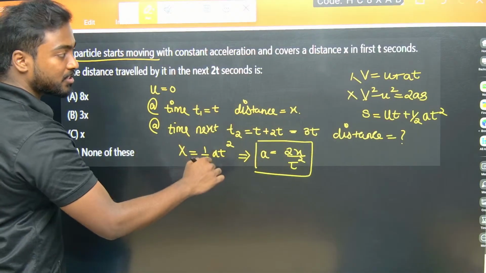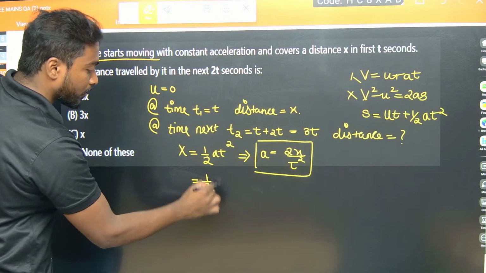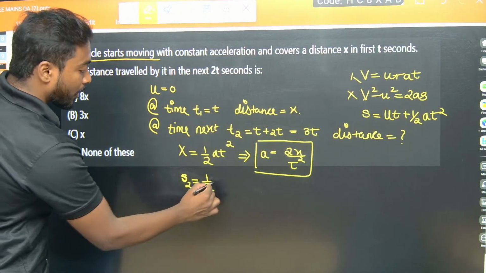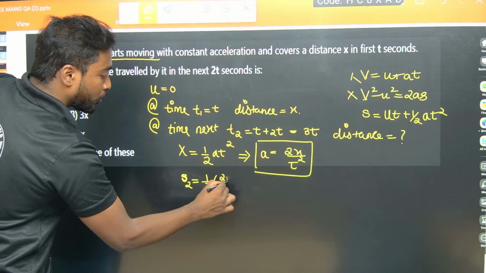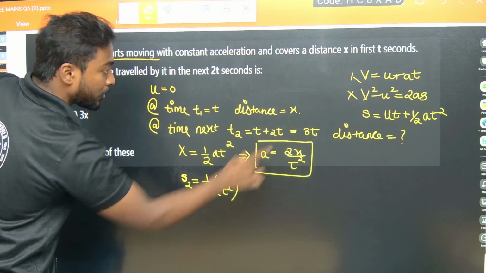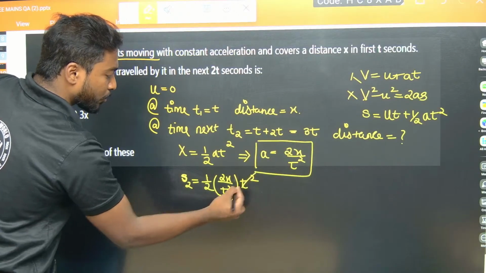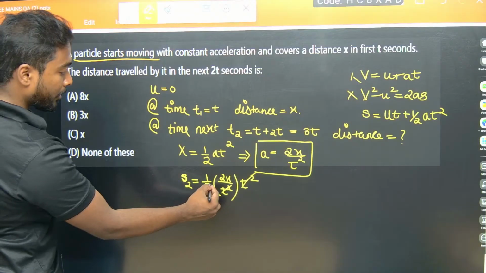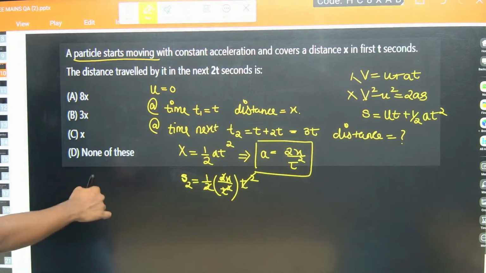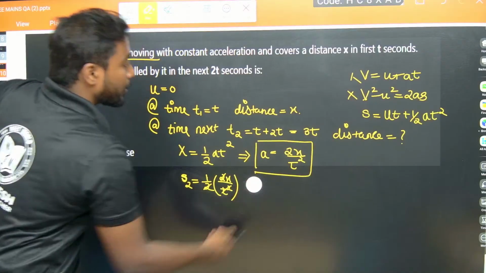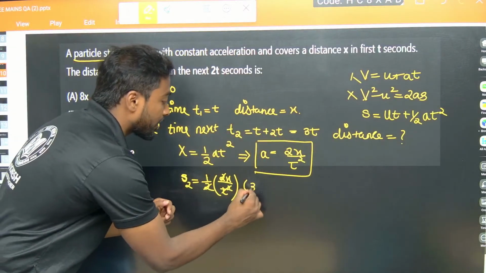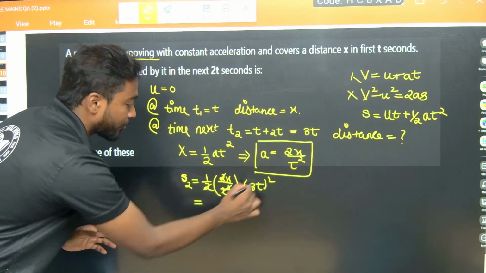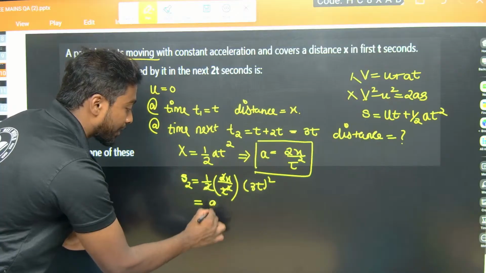Again initial velocity is 0, so s2 equals half into a, which is 2x by t square, into 3t the whole square. So t square and t square will get cancelled, x and x will get cancelled, 3 square is 9, so 9x I will get.